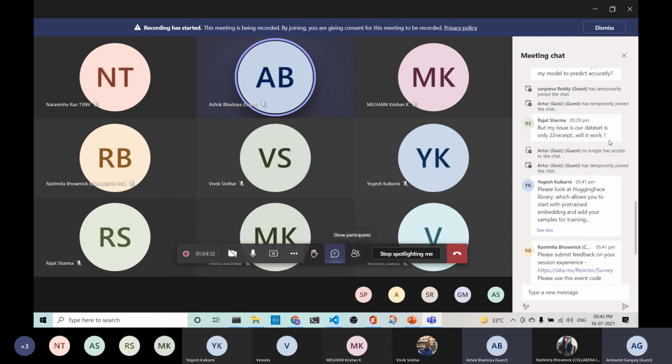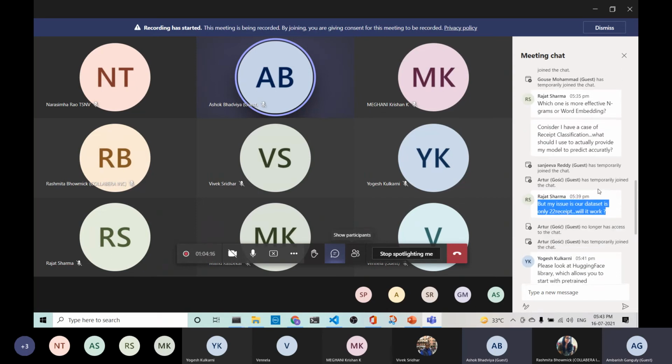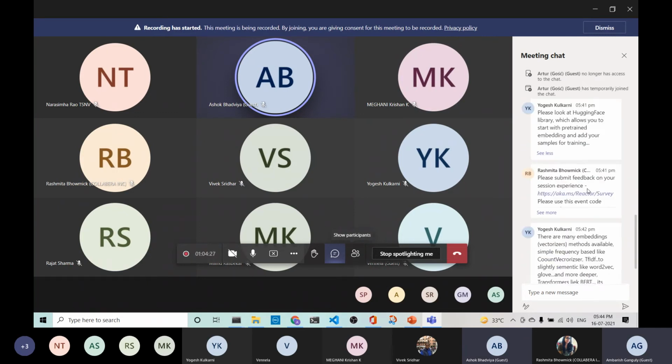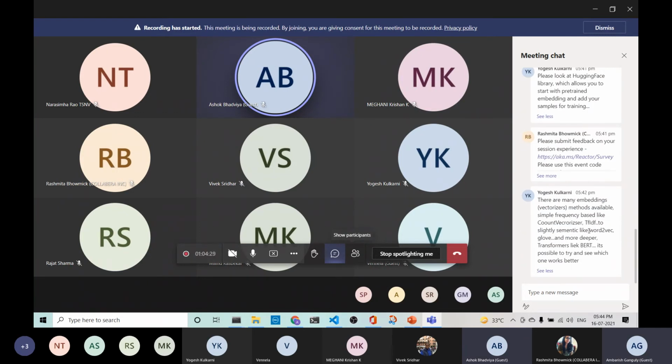Yes, you can use TF-IDF and see, that might perform a little better. I think Yogesh has given a lot of answers. So you can utilize all these techniques: TF-IDF, Spacy, BERT, and all these things. You can go ahead and use all of them.